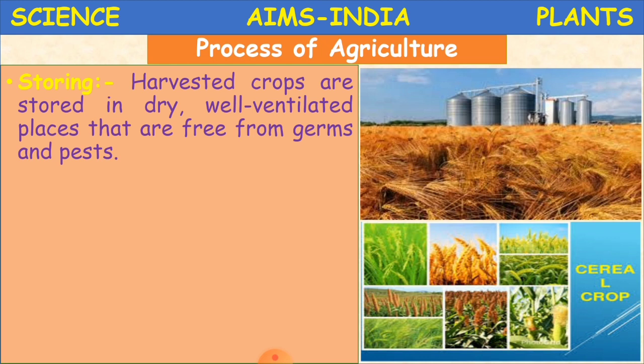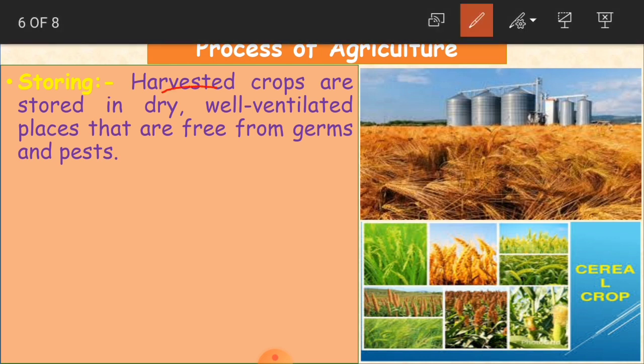Harvested crop is the crop which is ready and which we have cut, and it is stored in dry and well ventilated places. Why must it be dry and well ventilated, children? So that it does not get attacked by germs and pests.